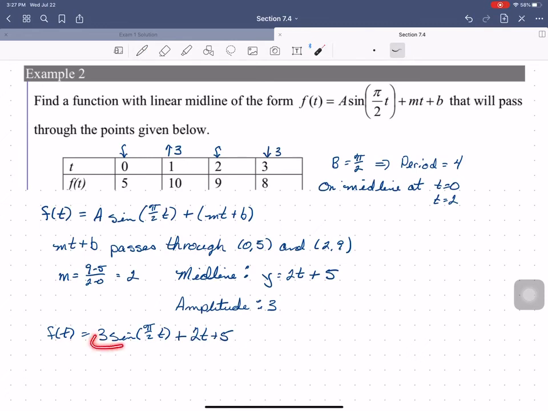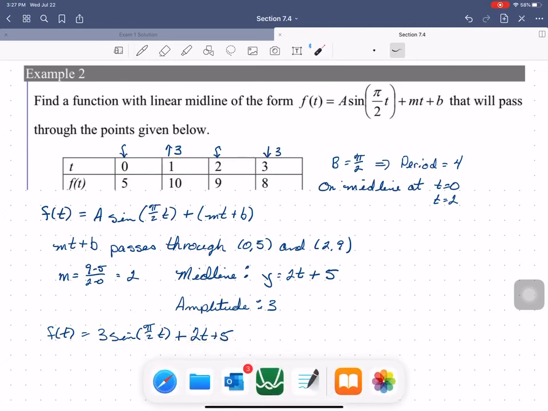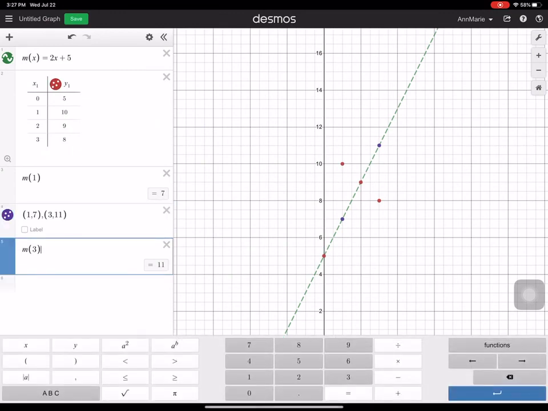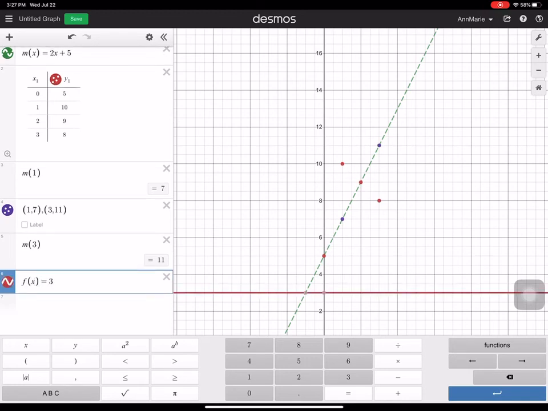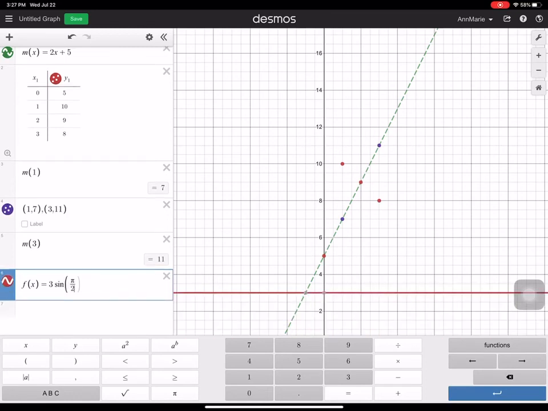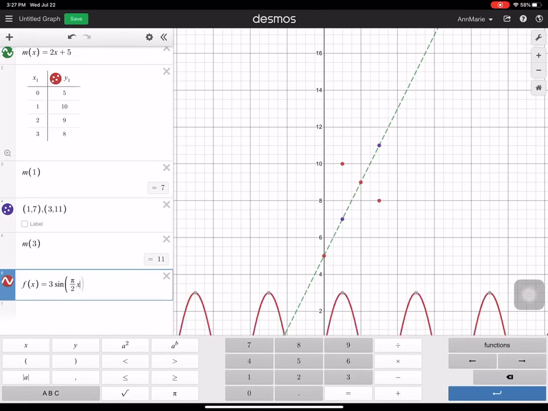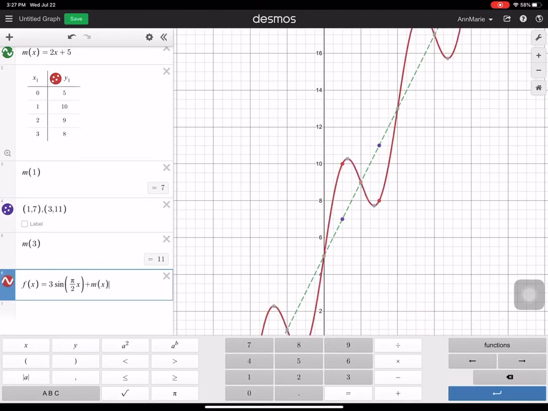This part gets my oscillation. This part is my slanted midline. So let's just put that on Desmos and check ourselves. So I think that my function is 3 times the sine of, no, sorry, pi over 2x, because that's what they gave me, plus my midline, which I'm just going to do this way.